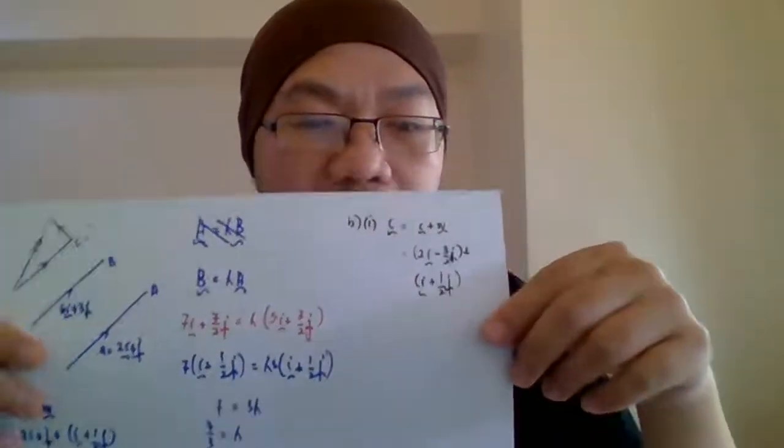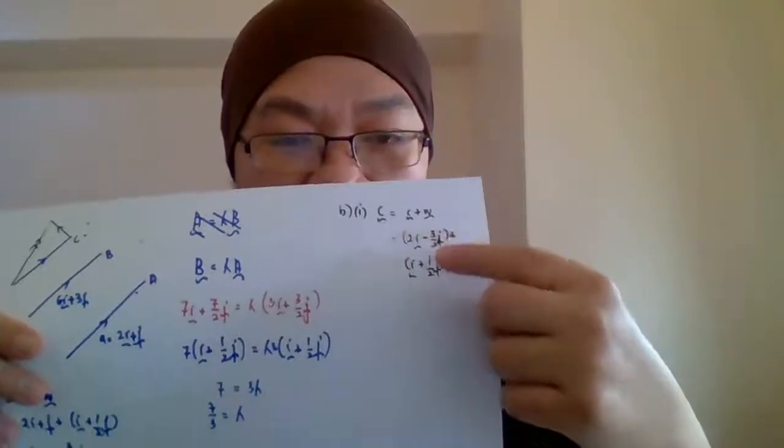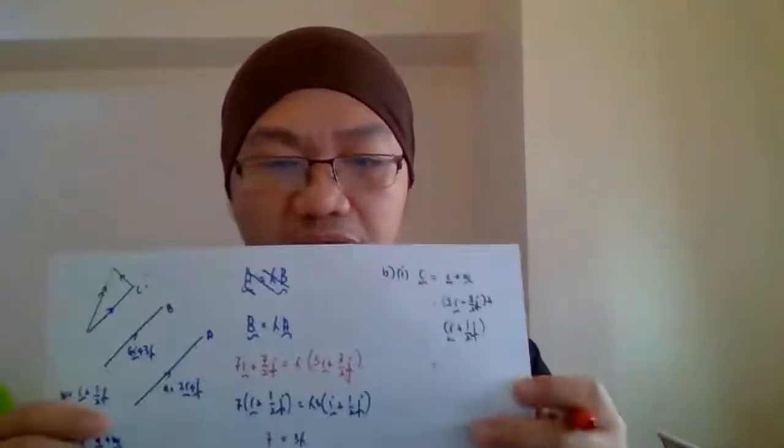So c equals 2i minus 3/2 j, plus W which is i plus half j. This is your c and W total. How much do you get? Someone calculate for me. Ad, what is your answer? How much is the total resultant vector of C here?